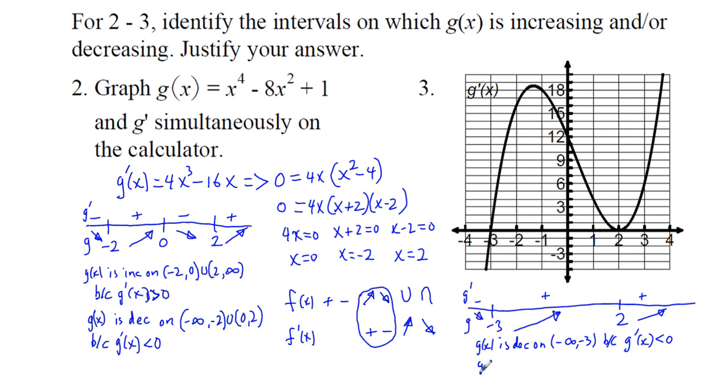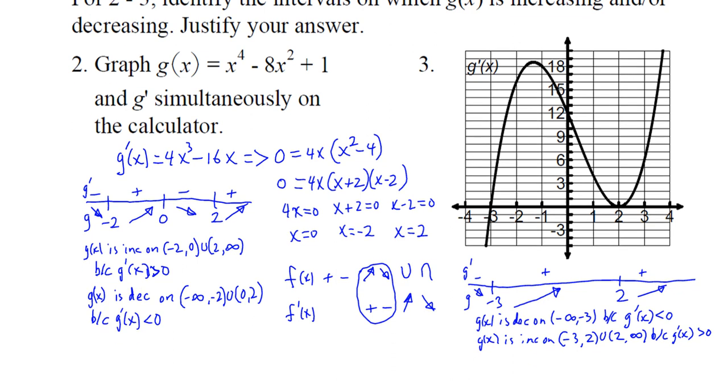And then g of x is increasing on -3 to 2, and also from 2 to infinity. Why? Because g prime of x is greater than 0.